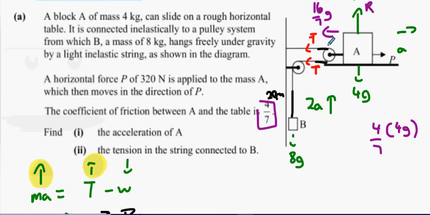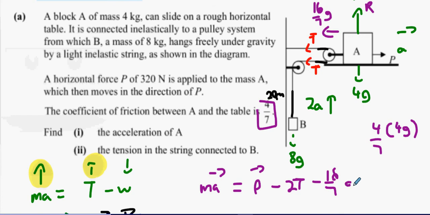Alright. Now, we're all agreed that A is moving to the right, so it's MA, but it's going to the right. Now, what's forcing it to go to the right? P value. And what's opposing that force? How many tensions? 2T. And friction?